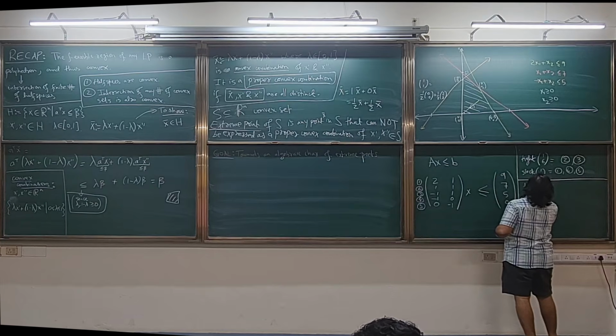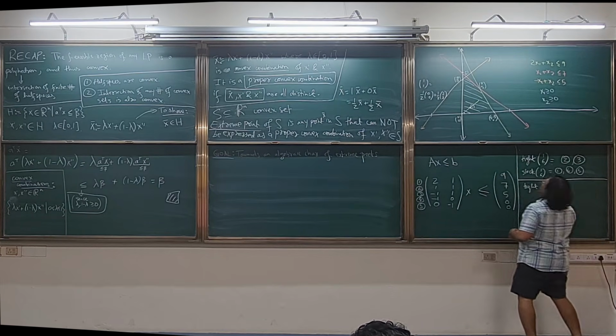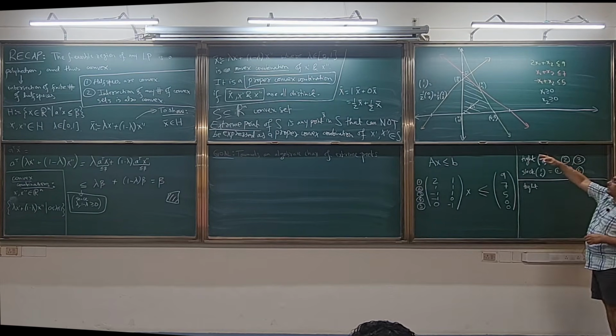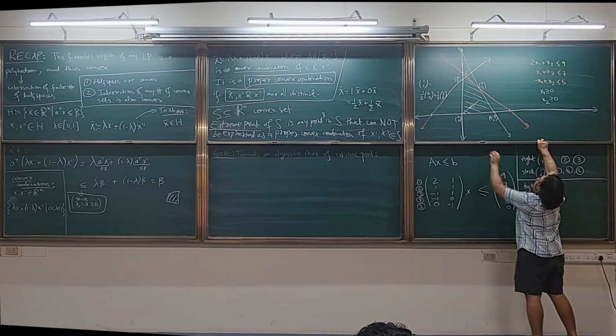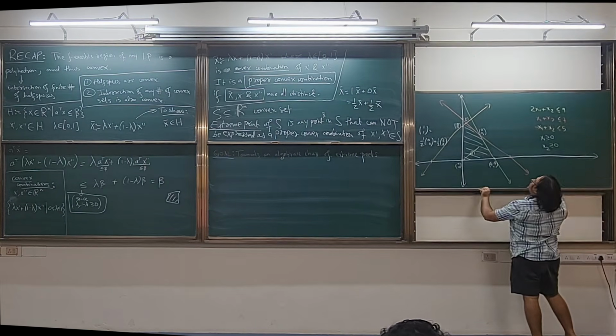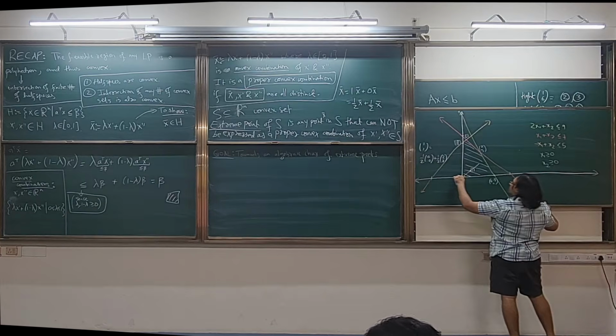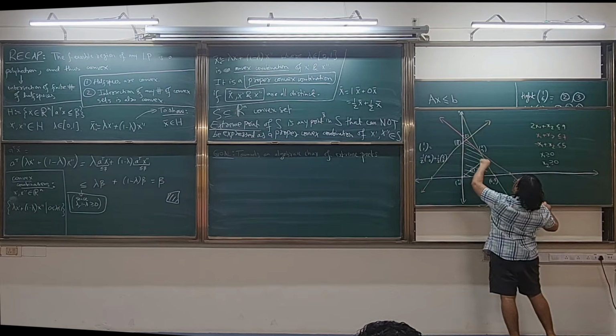Let's do one more example. But this time maybe I'll take a point that is not an extreme point. Let's take some other point. So maybe can I take some point on this line which is neither this point nor this point? Somebody give me a point here.